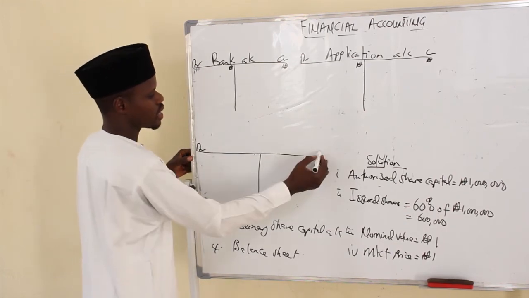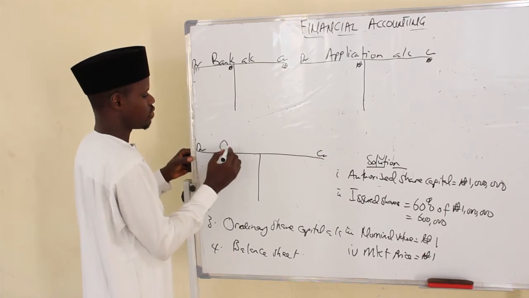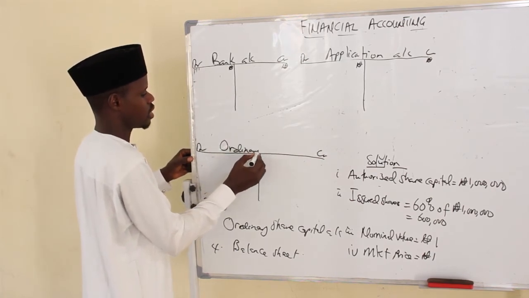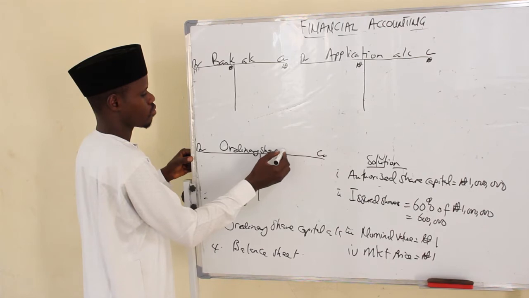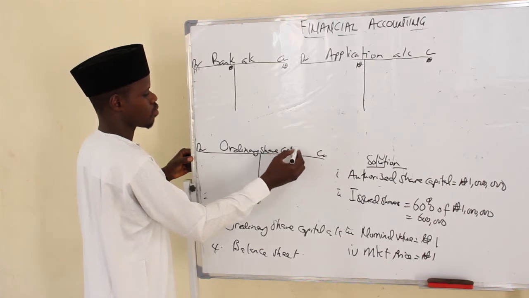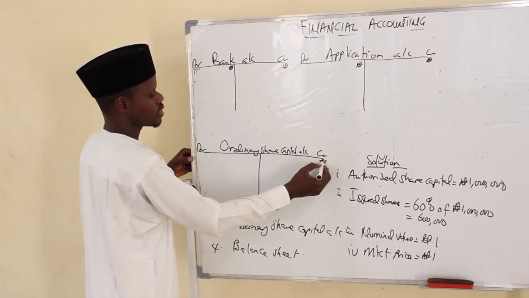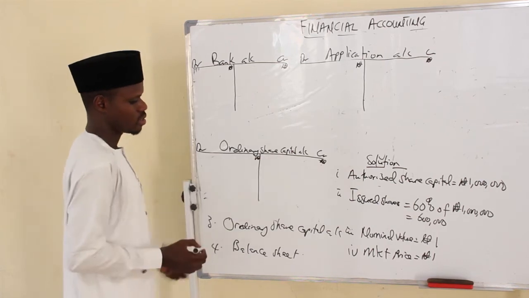You have your debit side, your credit side, the ordinary share capital account, and don't forget your Naira sign.